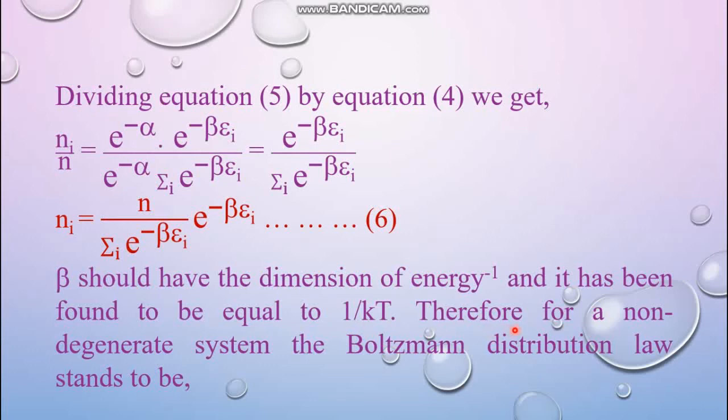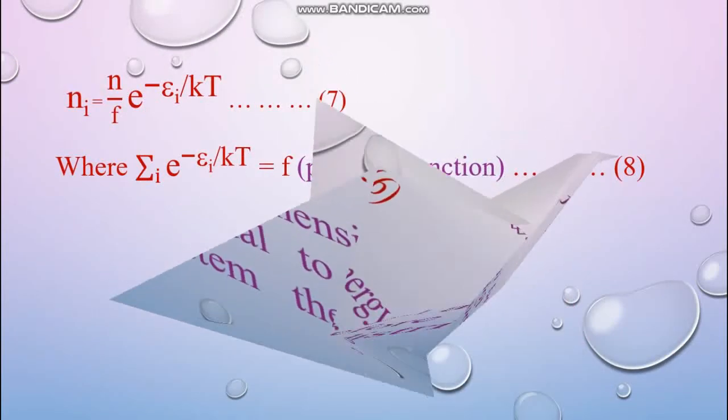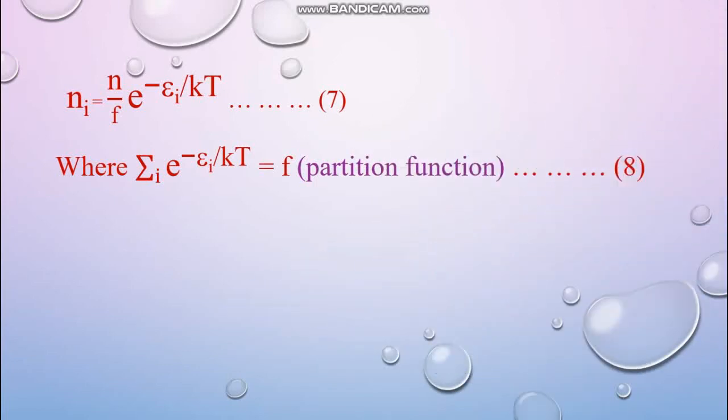And therefore for a non-degenerate system, the Boltzmann distribution law stands to be, this is actually equation 6, the Boltzmann distribution law for a non-degenerate system. This is n_i equals N by that summation term, and then exponential minus epsilon_i by kT. Instead of beta, we are writing now 1 by kT.